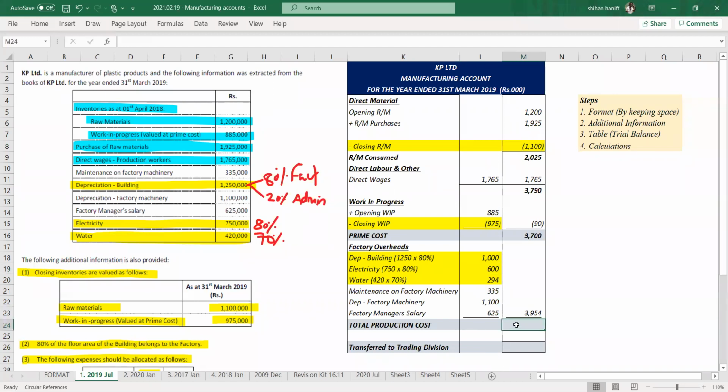If you add prime cost plus factory overheads, you will get the total production cost, 7,654.